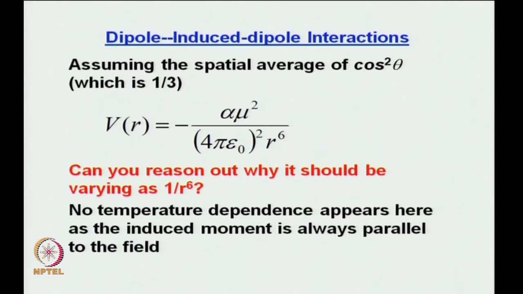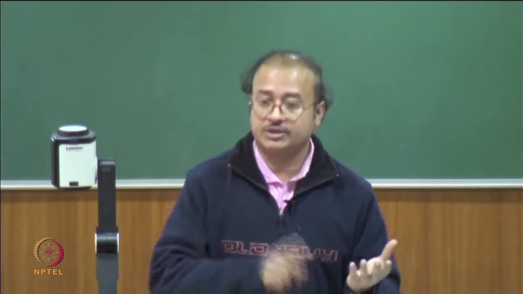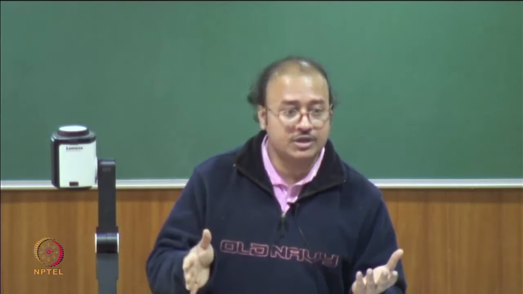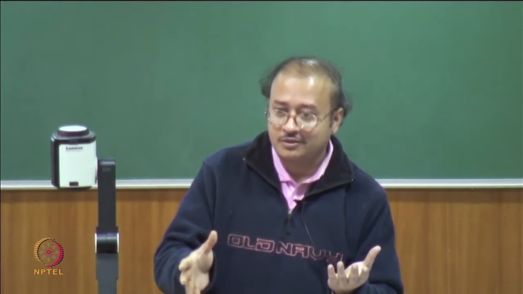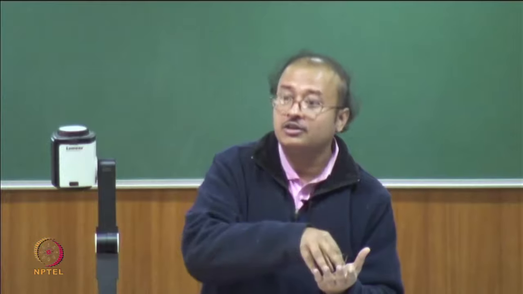See, no temperature dependence appears here, as the induced moment is always parallel to the field. Now, please keep this in mind, you are inducing a moment, right. Inducing a moment means, if I have an ion or a dipole which is inducing, the one which is induced is in response to the permanent one. So, this one is always correlated or always in response to the first one.